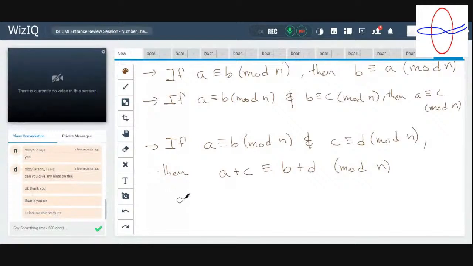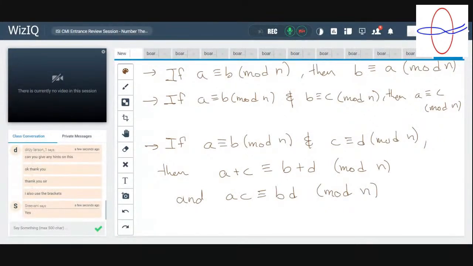And you can also multiply them on their corresponding sides. Can you do it on the other side? So can I say that ad is congruent to bc? Yes, I can, because I can just flip my congruences. It doesn't matter, right?